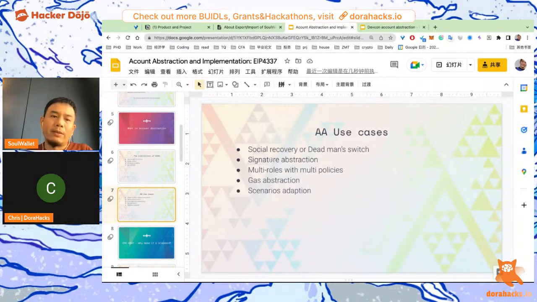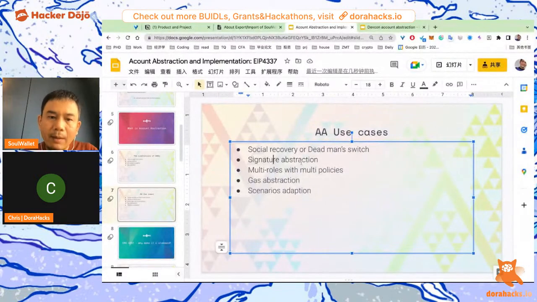The signature abstraction has the power of anti-quantum. If someone has more powerful quantum computing to compute your signature, you can select the algorithm of your crypto.